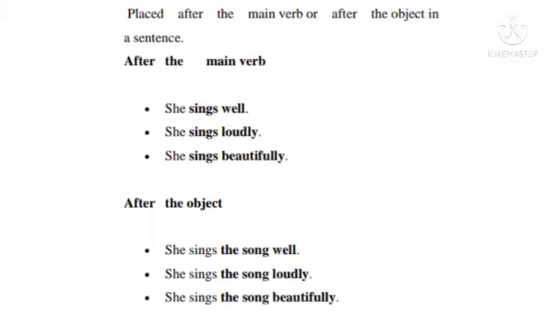And another example: she sings the song beautifully. Here the adverb is used at the end of the sentence, after the object. So these are the two common uses of adverbs of manner. First, it is used after the main verb, and the second, it is used after the object.